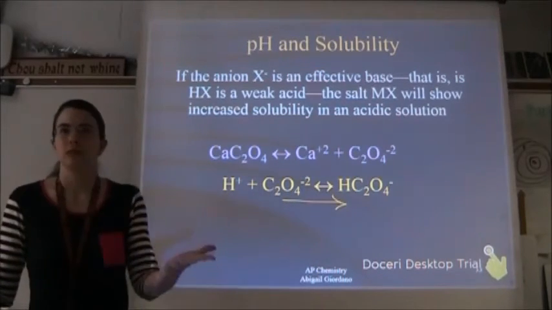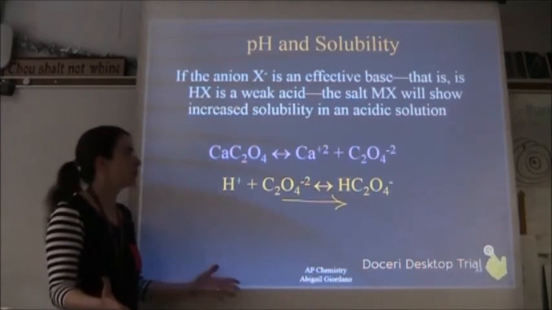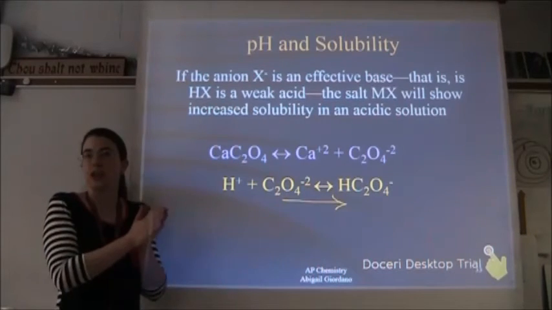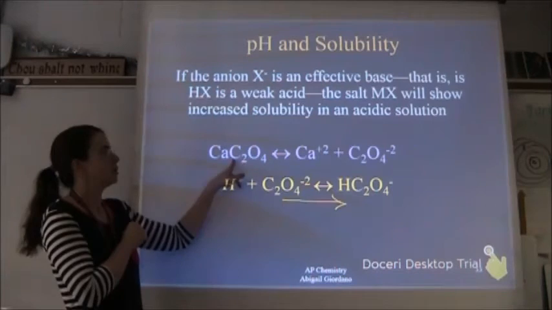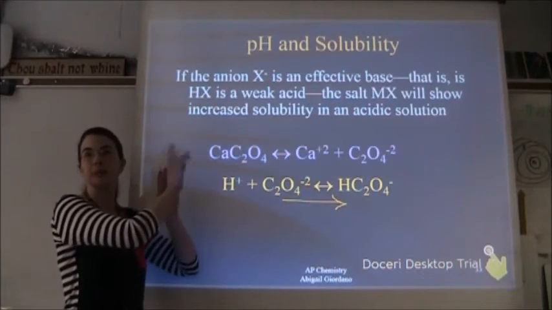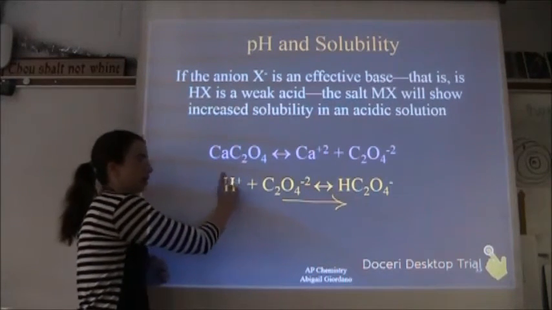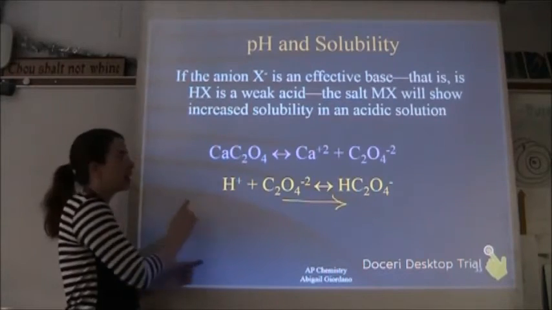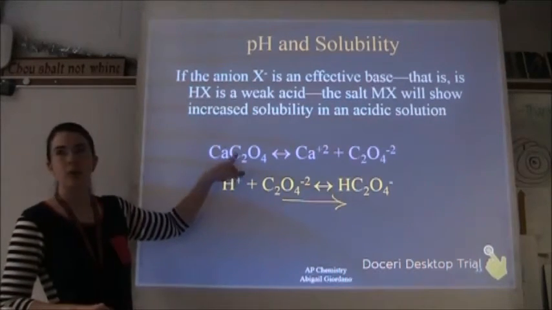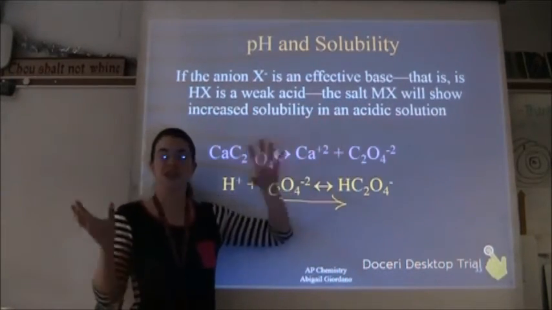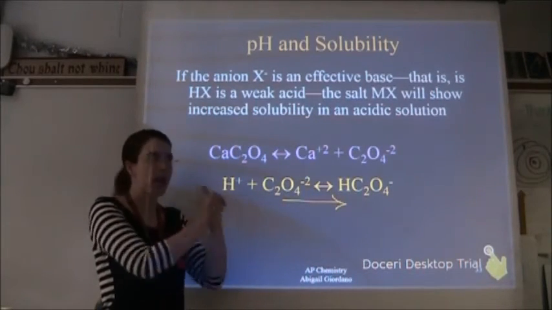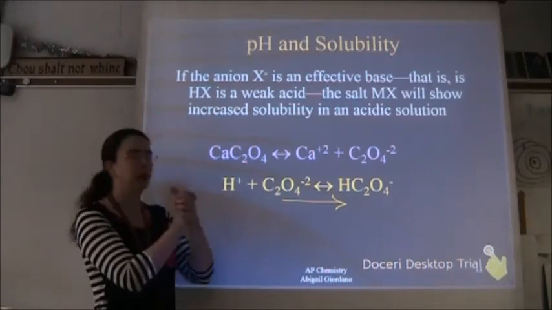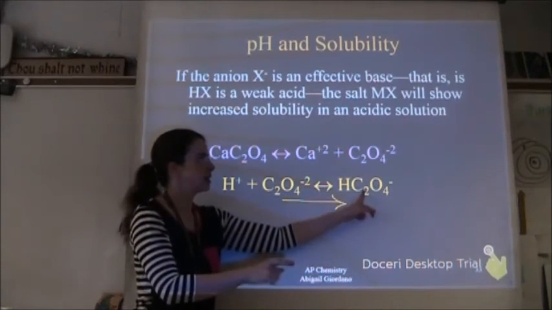Now, so what? Who cares? Well, what I'm asking you is, what is going to happen to this salt's ability to break down if this is present? Every time one of these oxalate ions is released from the solid, it's stolen away, captured by this H plus to create this.